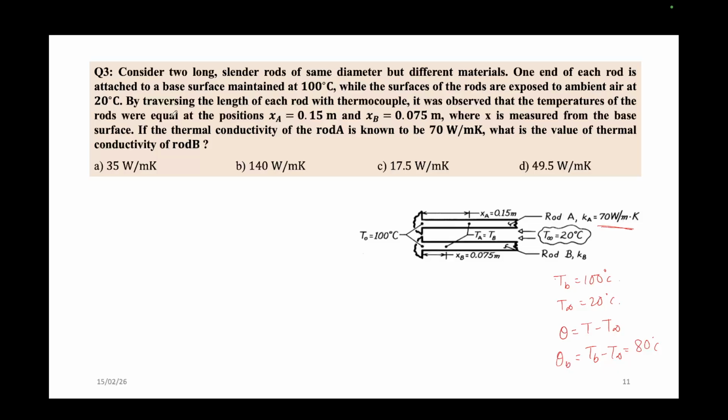Is adiabatic written anywhere? No, it is written long. What do you mean by long here? Long means no length is given. So that means we have to assume it is infinitely long.